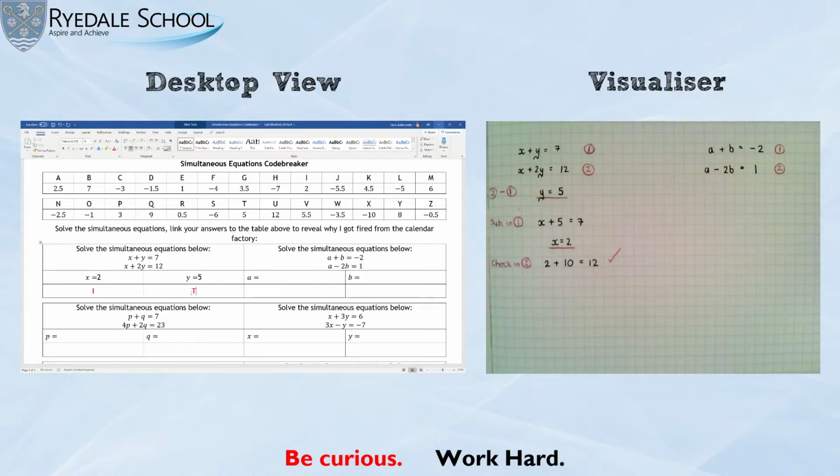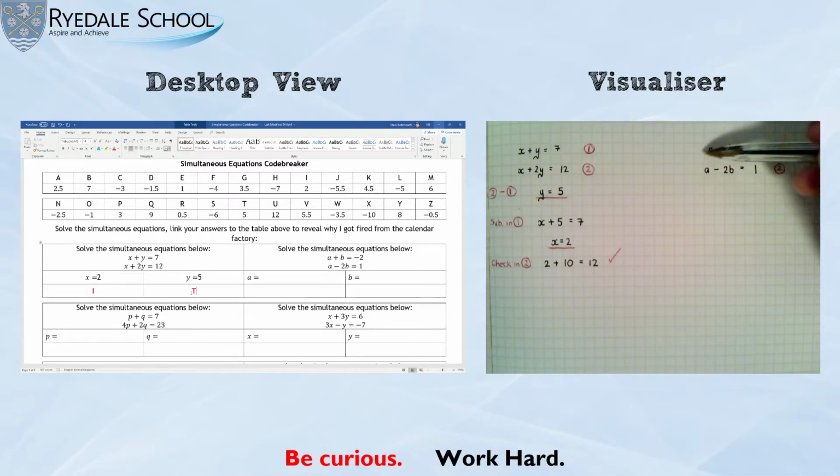And again, this is an equation where I do not need to do any extra multiplying at any stage. The reason that I can see that is because I have, again, an a in both of them. This a is both 1a, they are the same, I'm going to need to subtract them.